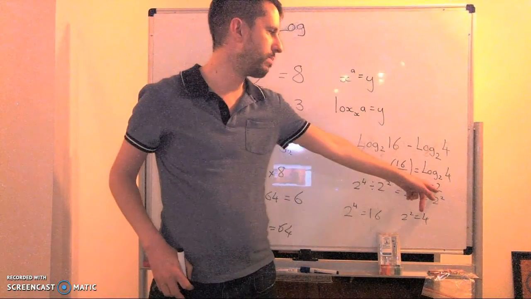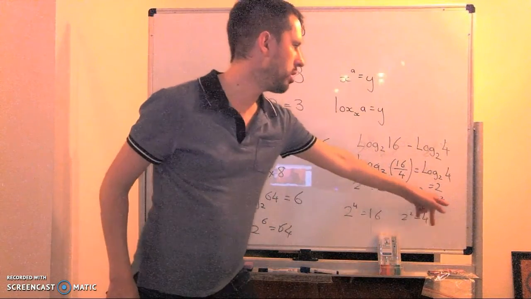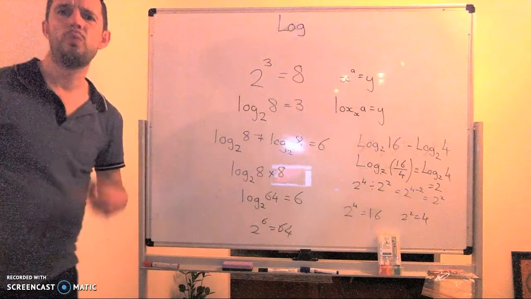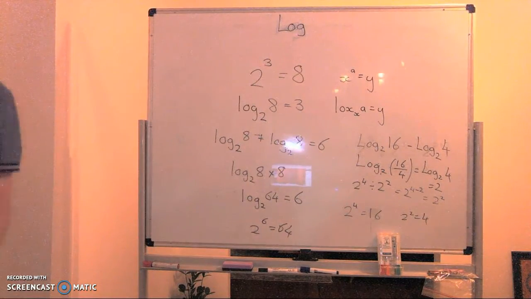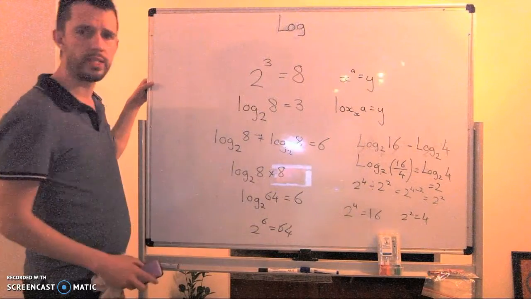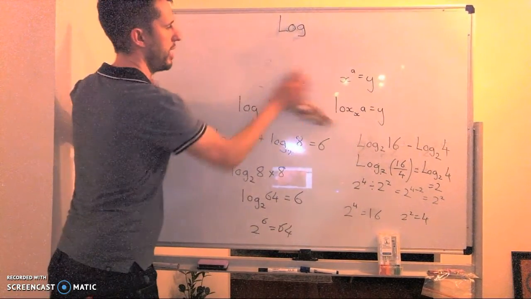And that's what my exponent tells me. I've got a power of 2. 2 to the power of 2 is my 4. So again, we're seeing that relationship. Okay, I'm just going to rub this off. Hopefully you have written down and taken some notes, because we are going to go to the next step.